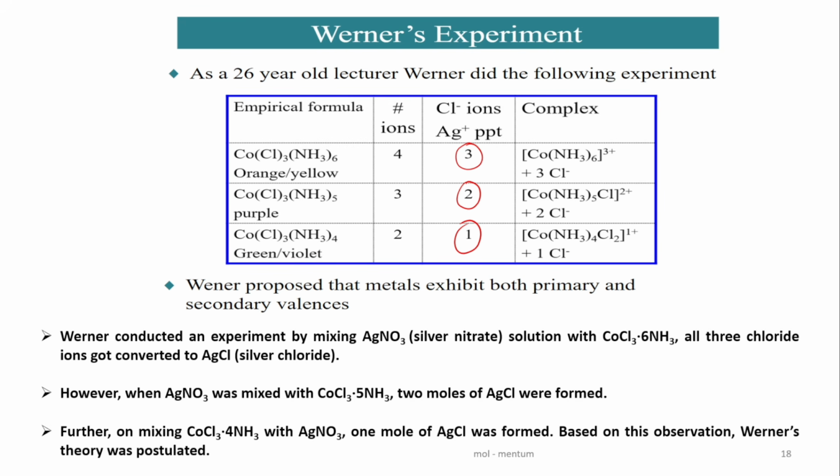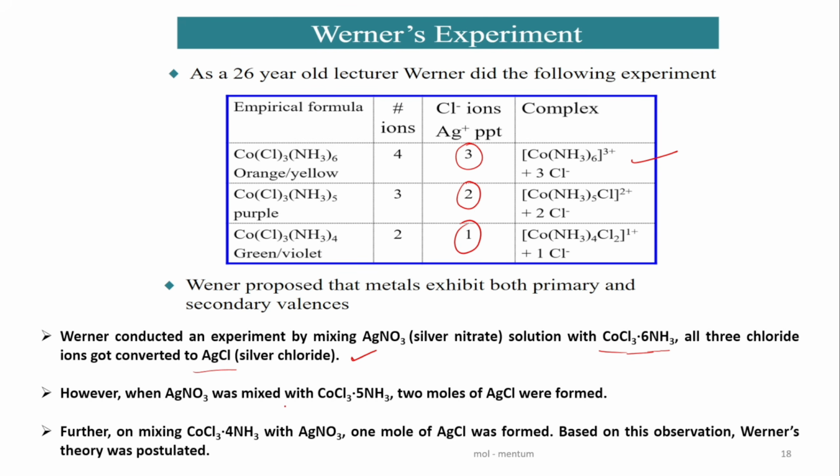Werner conducted an experiment by mixing silver nitrate solution with CoCl3·6NH3. All three chloride ions are converted into AgCl, so he got 3 AgCl.